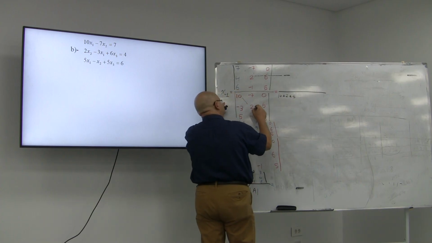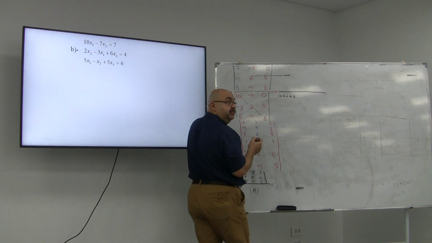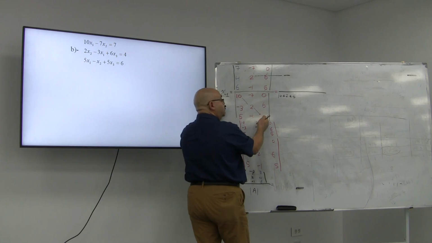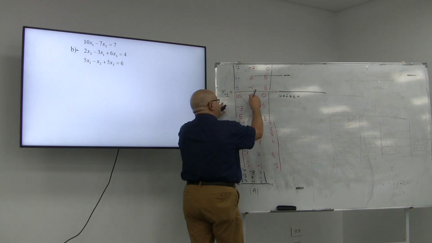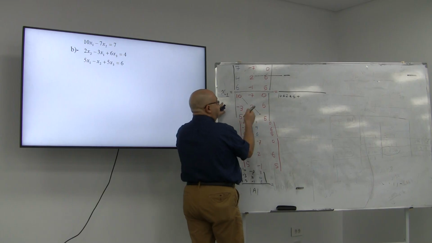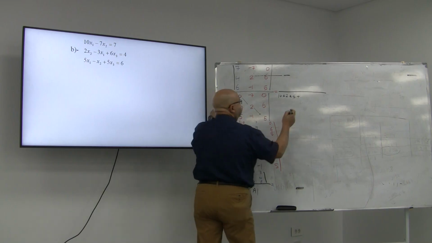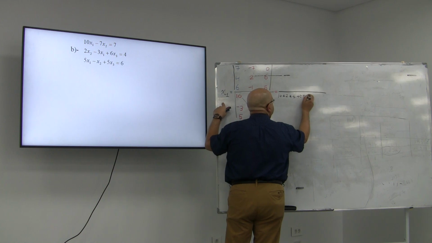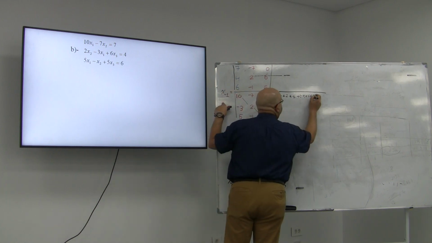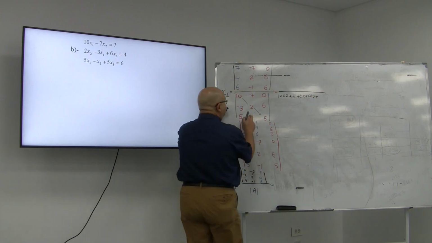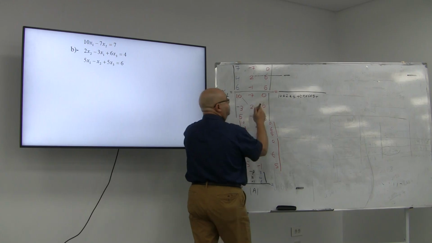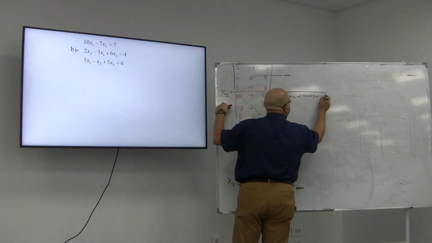You see, Abdelrahman? I multiply these three elements together. So 10 times 2 times 5. Then plus -7 times 6 times 5, then plus, vice versa, -1 times -3 times 0.